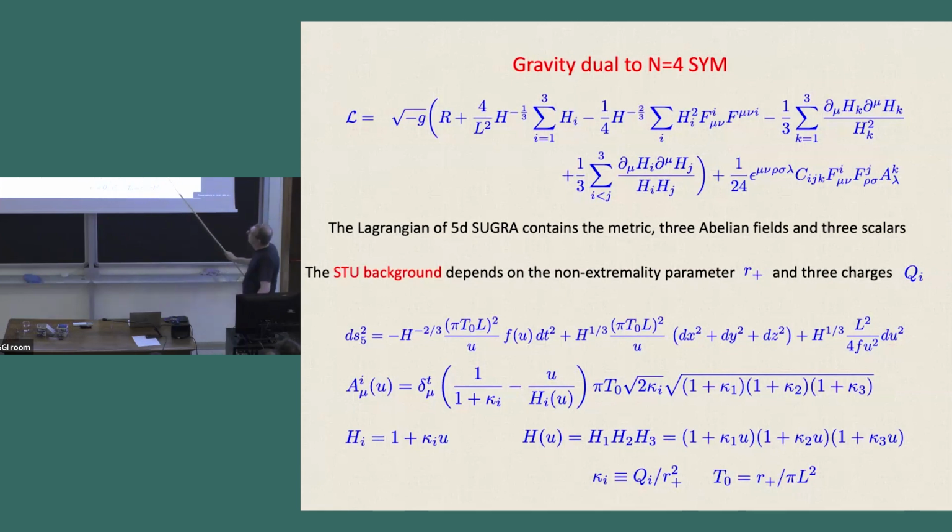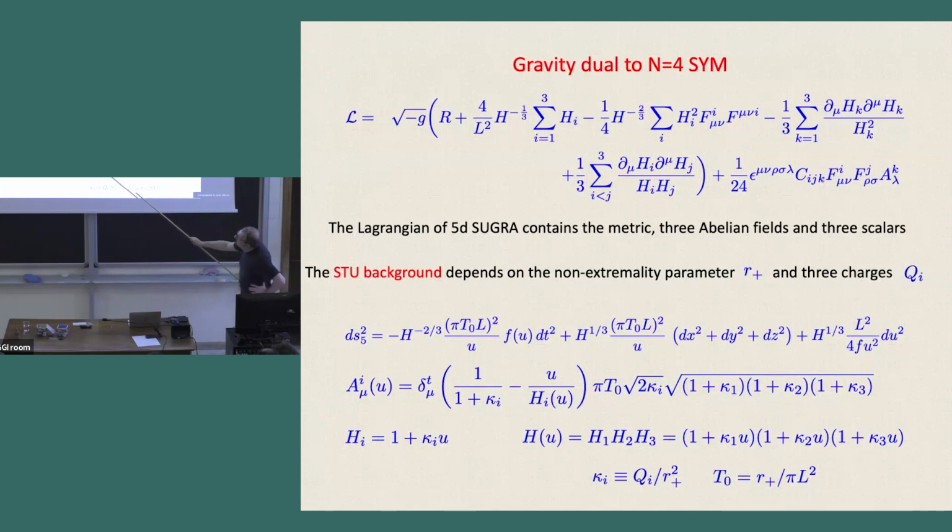The metric is almost AdS, but not quite, because it is augmented by this function h, here, here, and here. And function h will be related to our 3 charges. Or if you want, these parameters kappa, which you can think of as normalized charges, or they are also related to chemical potentials. So I will often call them chemical potentials. They can be recalculated from the charges. And there is a temperature, of course, involved, right?